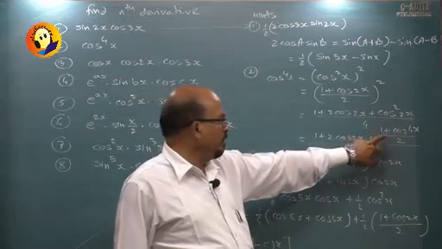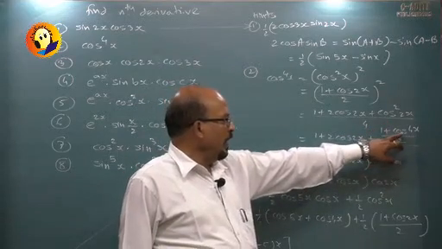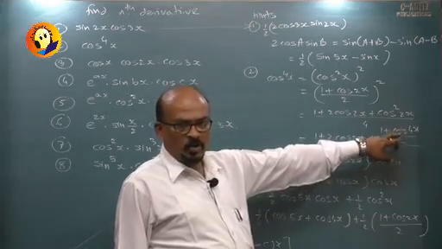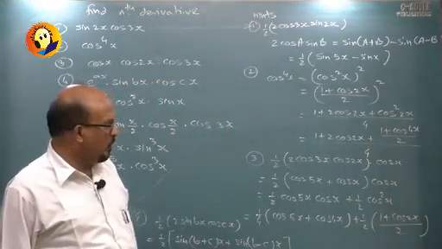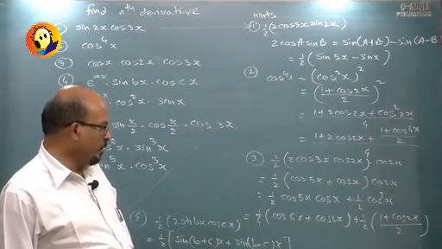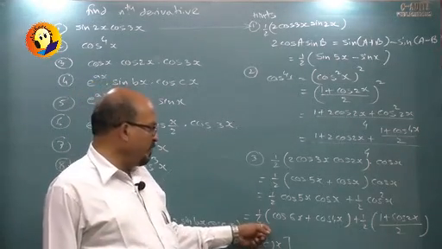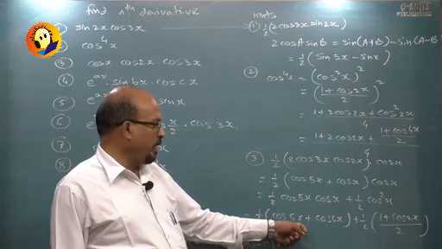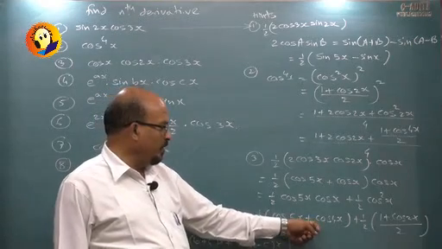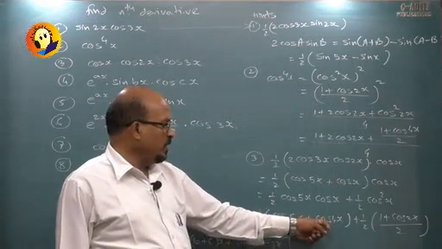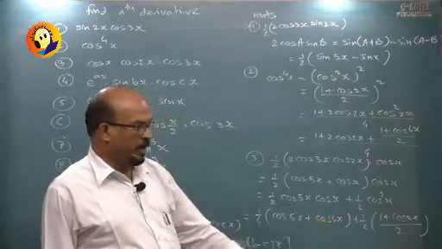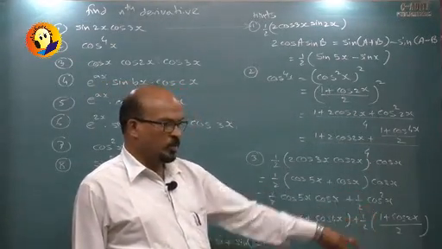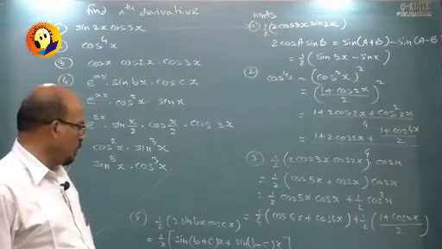Again this will be 1 by 8, so that will be 0, and it will be 1 by 8 4 raised to n cos of 4x plus n pi by 2. Here it will be 1 by 4 6 raised to n cos of 6x plus n pi by 2 plus 1 by 4 4 raised to n cos of 4x plus n pi by 2 plus 0 plus 1 by 4 2 raised to n cos of 2x plus n pi by 2.